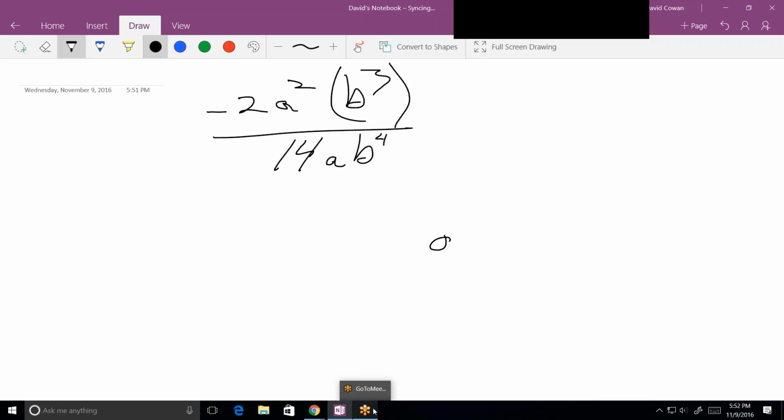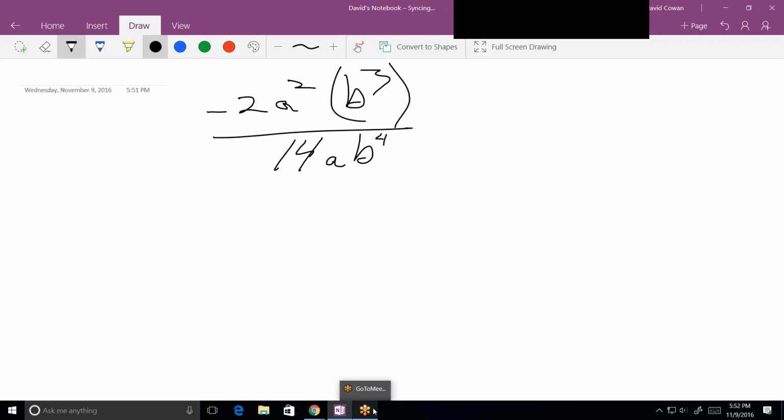Now, there's a difference between these two expressions. In the bottom one, both of them are taken to the fourth power. And in the top one, just the b is to the fourth power. I think it's just the b. Yeah, I'm guessing it is too. Okay, well, let's start with the numbers.